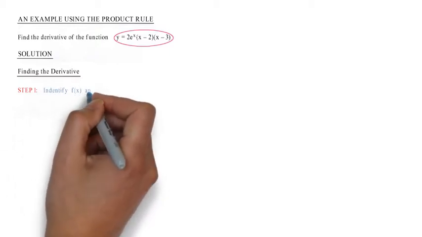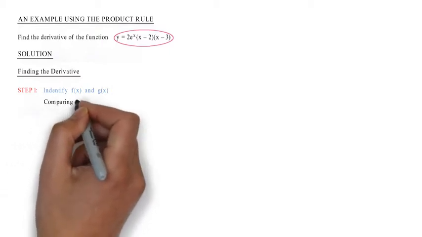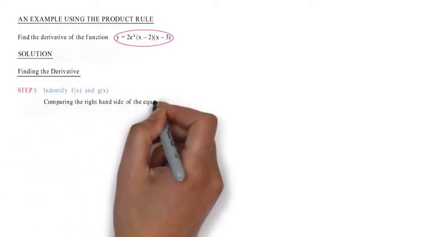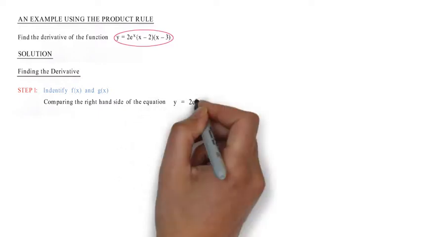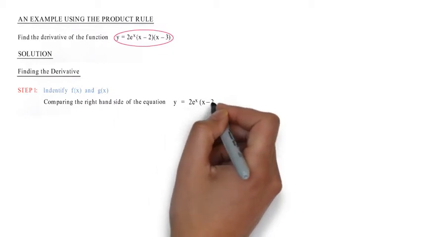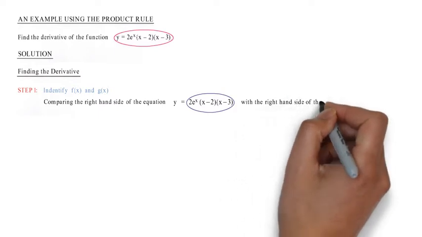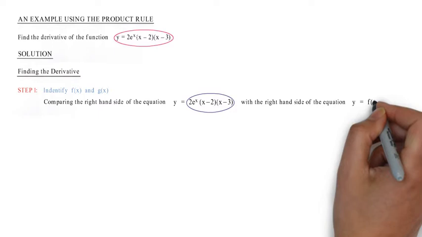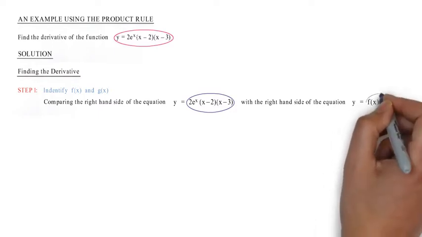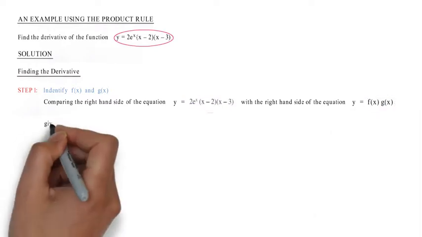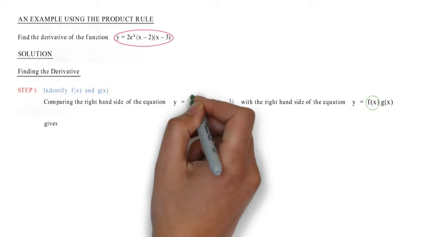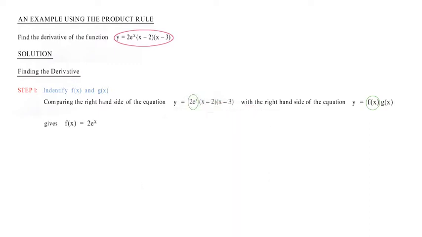Identify f(x) and g(x), comparing the right-hand side of the equation y equals 2e to the x times (x minus 2) times (x minus 3) with the right-hand side of the equation y equals f(x) times g(x) gives f(x) equal to 2e to the x and g(x) equal to (x minus 2) times (x minus 3).